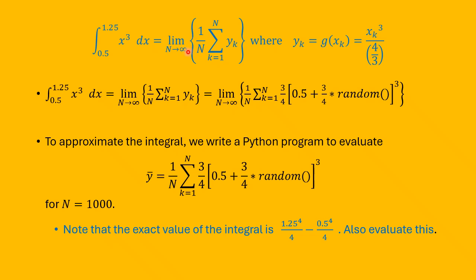An antiderivative of x cubed is x to the 4th over 4. And so by the fundamental theorem of calculus, we know that this integral is equal to this number right here. And so we can compare our approximation of the integral by this stuff, with this exact answer.